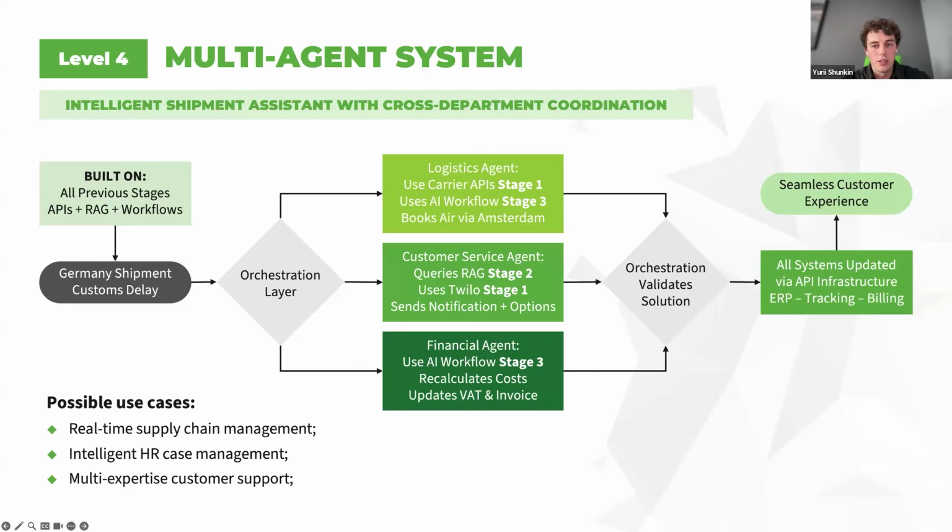And an orchestrator that coordinates the process and updates the ERP system. That setup ensures every subsystem can communicate seamlessly, achieving a fully integrated enterprise-level workflow. It can also be used for many other use cases, not limited to this one.